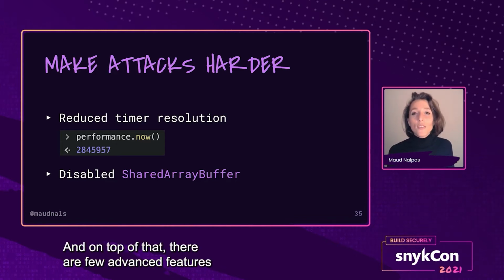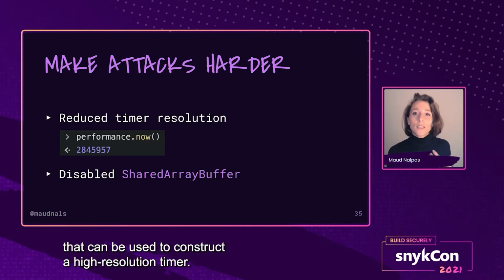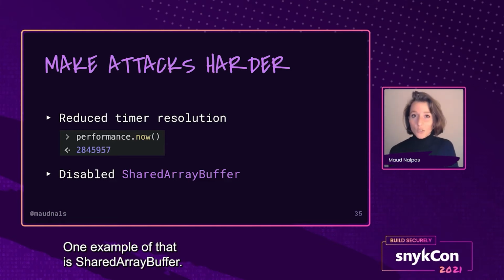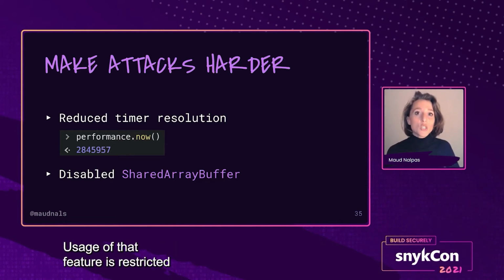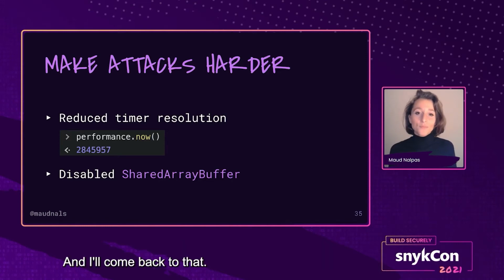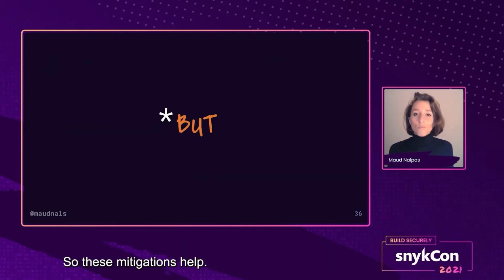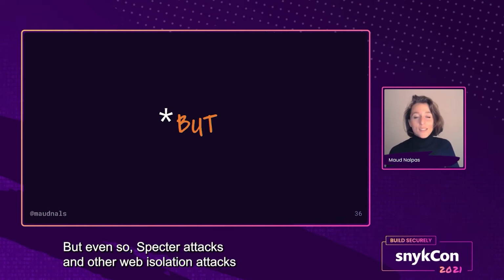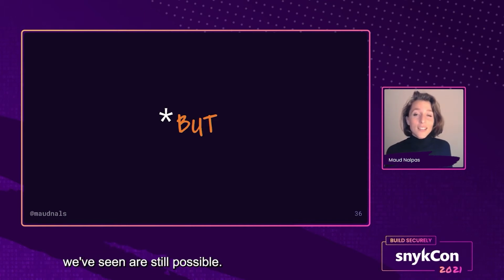On top of that, there are a few advanced features that can be used to construct a high-resolution timer, and one example of that is SharedArrayBuffer. Usage of that feature is restricted to sites that have opted into a specific secure state, and I'll come back to that. So these mitigations help, but even so, Spectre attacks and other web isolation attacks we've seen are still possible.